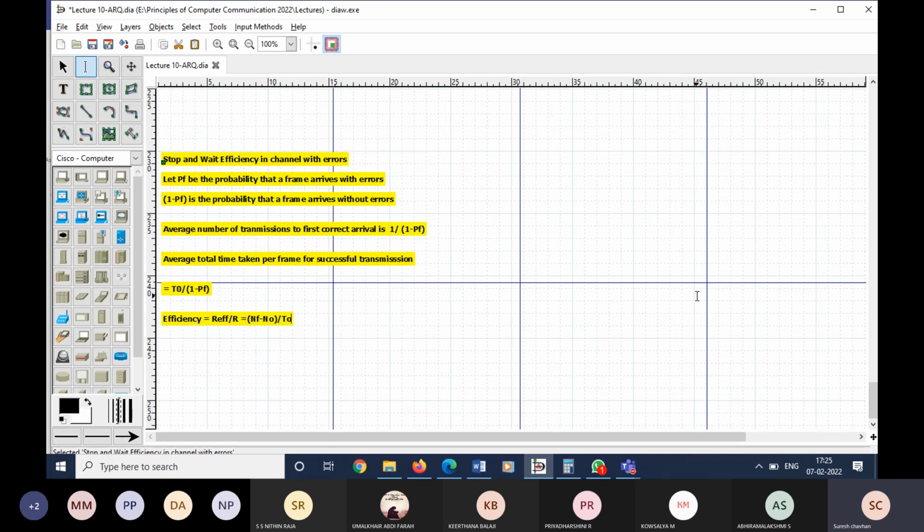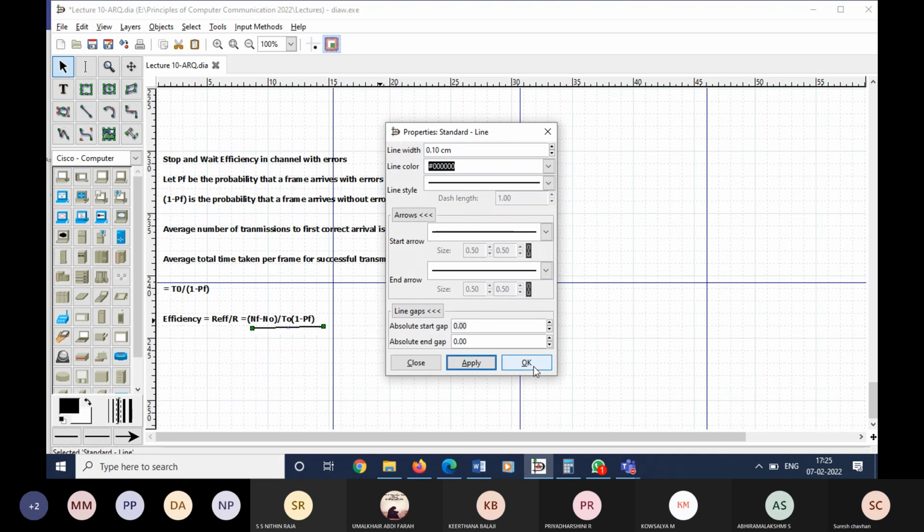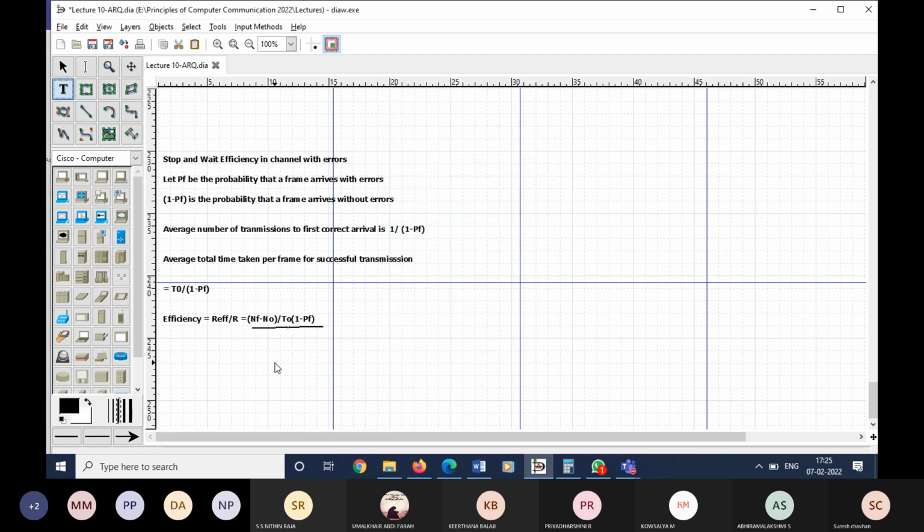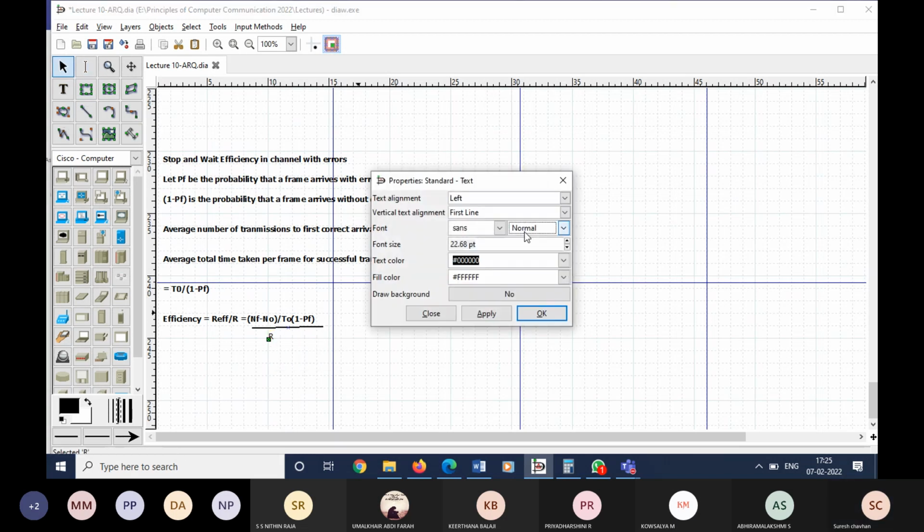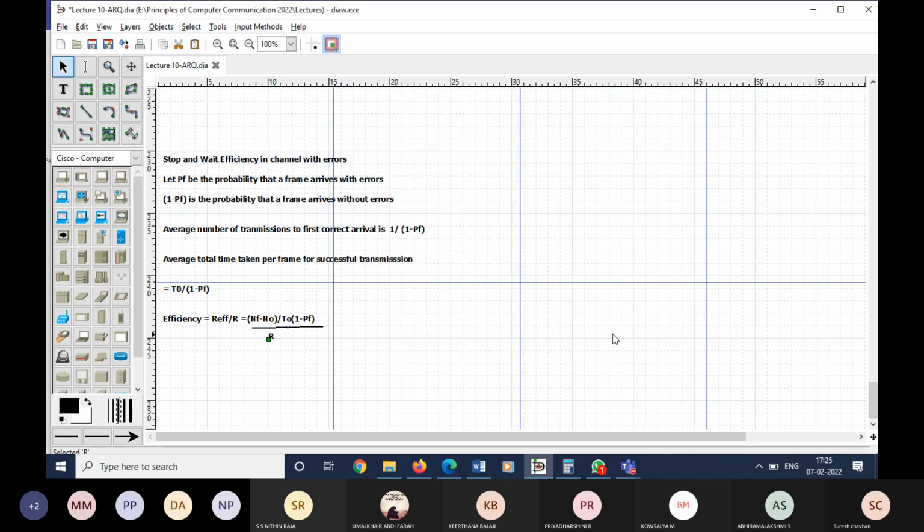But here we are having T0 divided by 1 minus PF, and this is a complete divided by R. Correct?